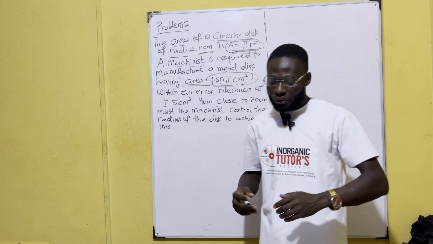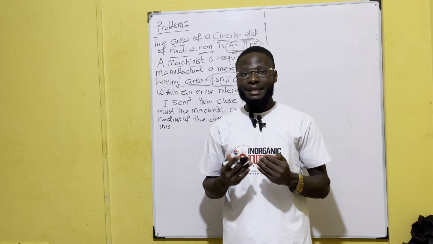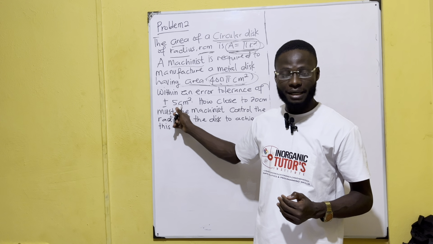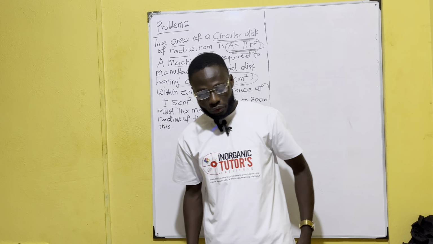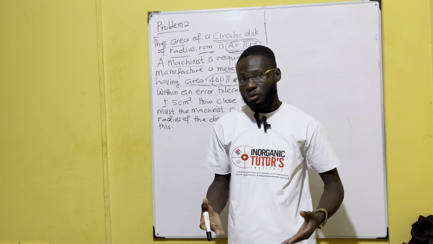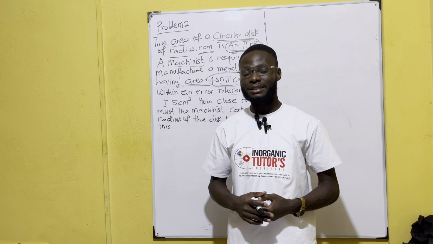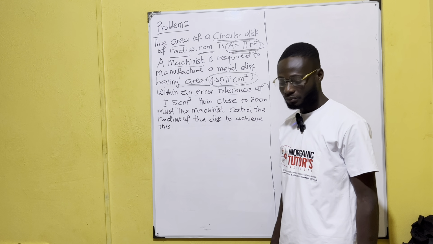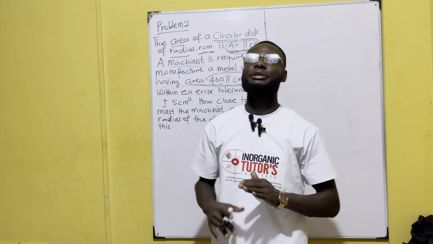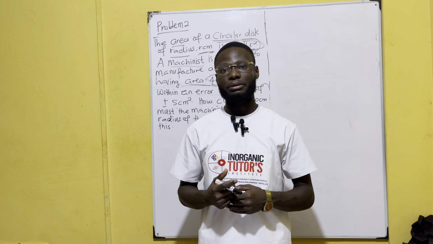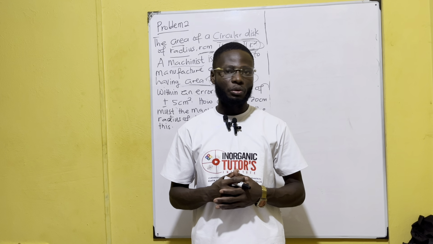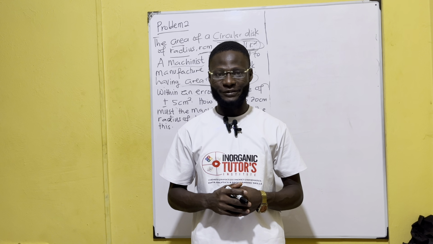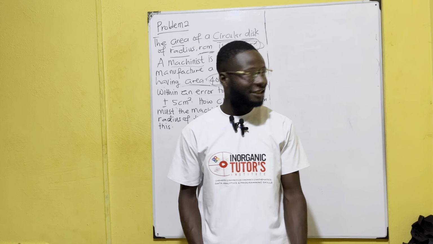Now, you know that we're given some acceptable error, and that is plus or minus 5 centimeters squared, right? So we want to know how close to 20 centimeters the mechanic will be able to achieve this result. Actually, I use two approaches in this particular problem, but here we are going to go by one approach. Maybe later I'll add the other one. That is cool, right? Okay, so let's take this.